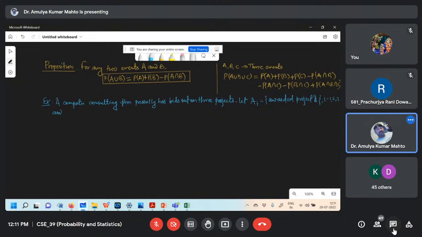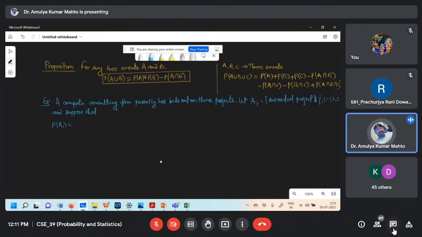And suppose these probabilities are given. A1 is the event of getting the first project awarded, A2 is the event that the second project is awarded, and A3 is the event that the third project is awarded.